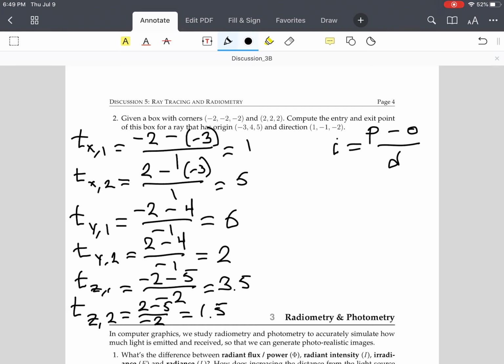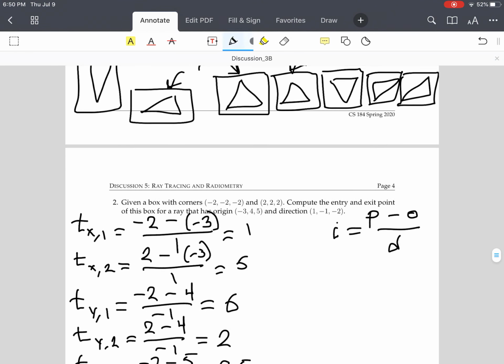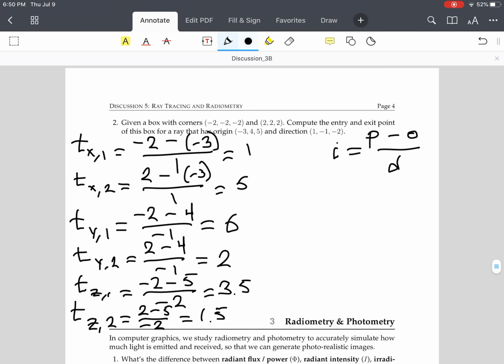Basically, if you moved purely in the x direction, you only looked at the x-axis, there is a range within which you'd be within the box in the x dimension, right? And so actually here, let me do a little bit of a drawing. Let me do it down here where I have space.